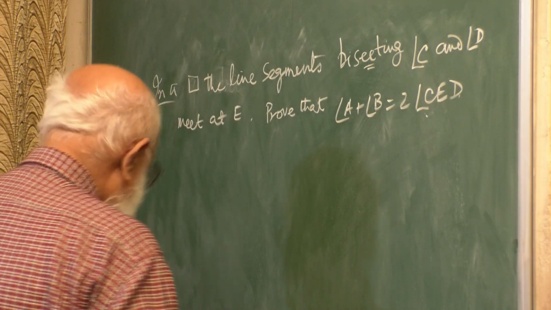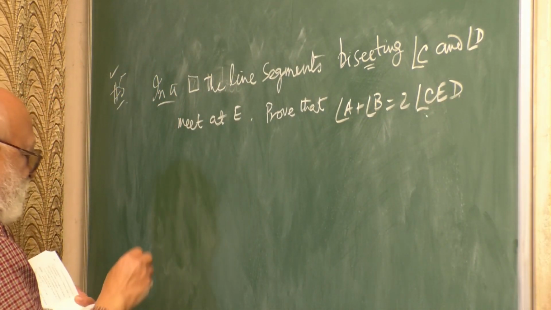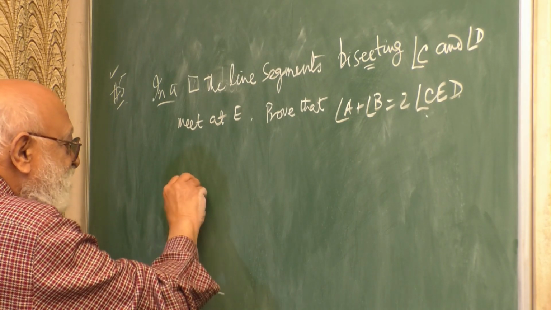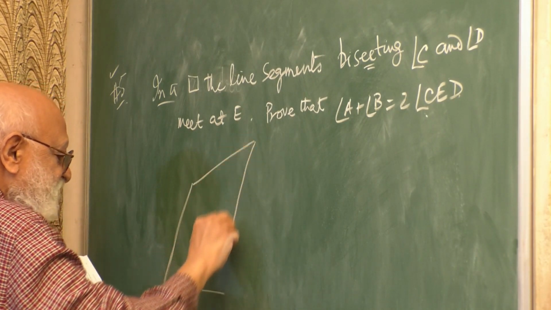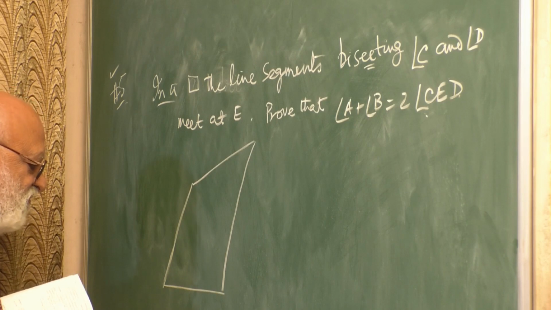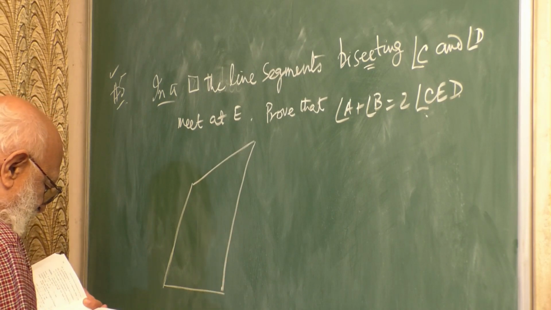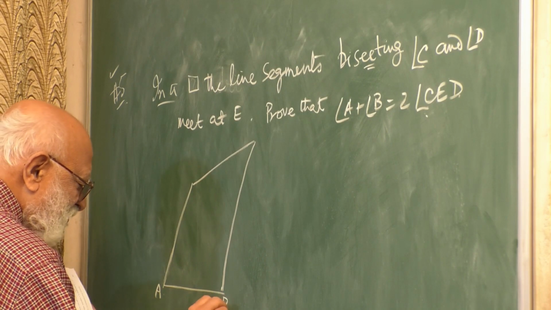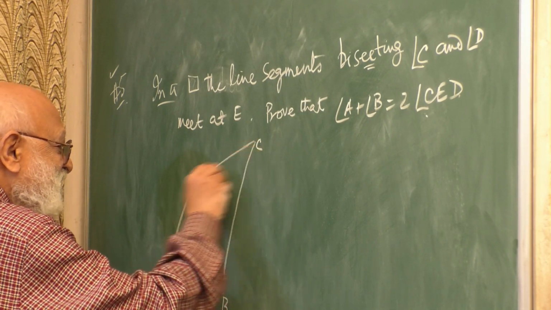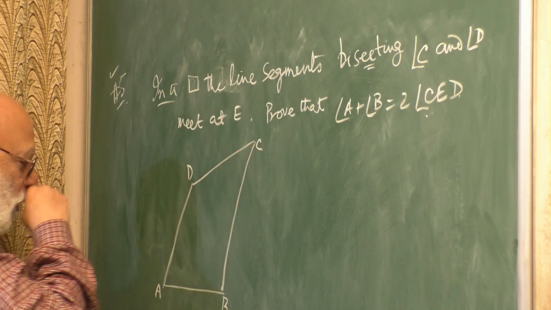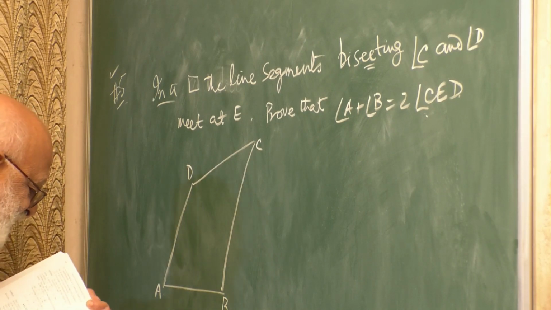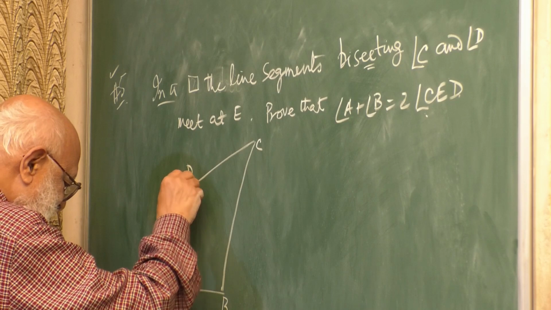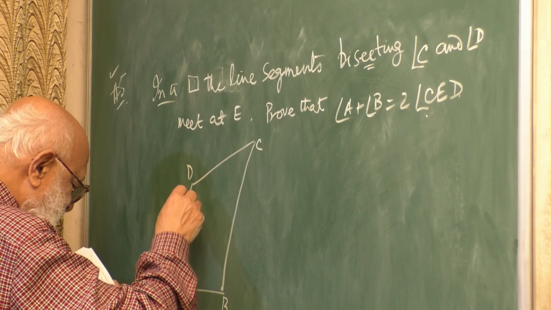Okay, first let's draw the quadrilateral. Let's say this is the quadrilateral, and we will write A because we will start from here, bottom side, and C and D. Now what does it say?